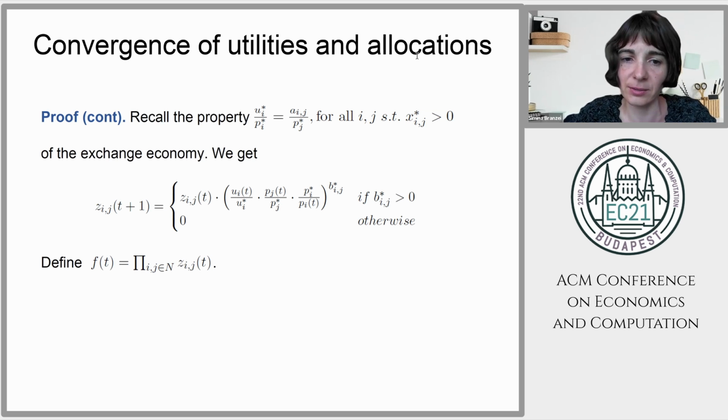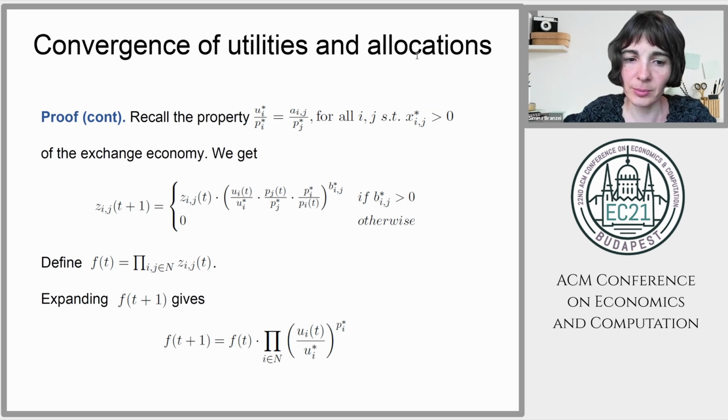Then we define a function f of t, which will be the product of z_ij of t. And basically expanding f of t plus 1 will give that f of t plus 1 is f of t times some term that depends on the utilities and the prices in the equilibrium.